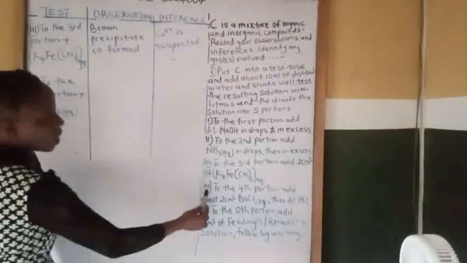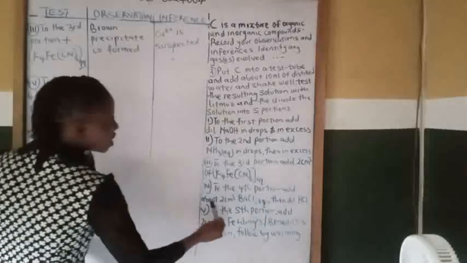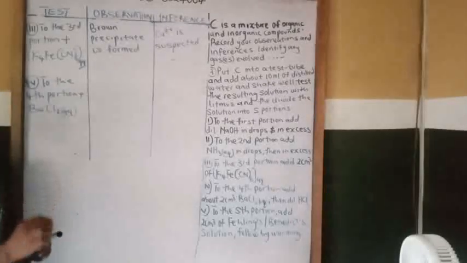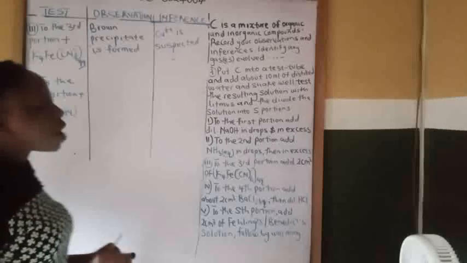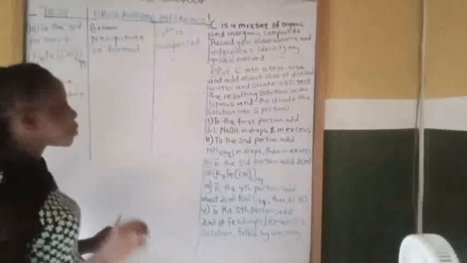Roman figure 4 says that to the fourth portion, add about 2 centimeter cube of barium chloride. So you are not going to say to the fourth portion plus aqueous barium chloride. Don't forget that we always use barium chloride to test for anions.